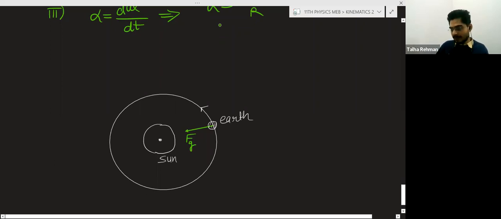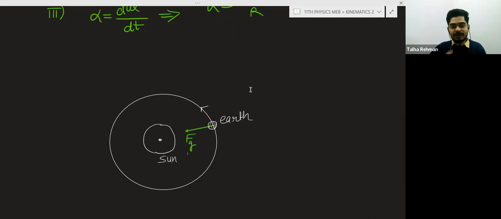So basically, this earth is revolving around the sun. Centripetal force is the force required by the body to move in a circular path, and that centripetal force is provided by some other force.